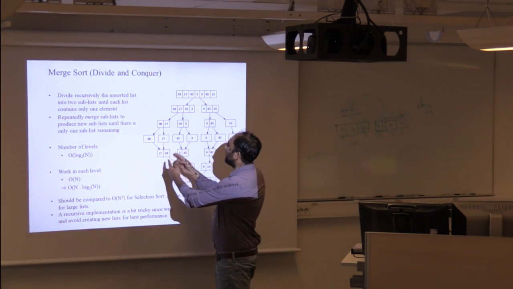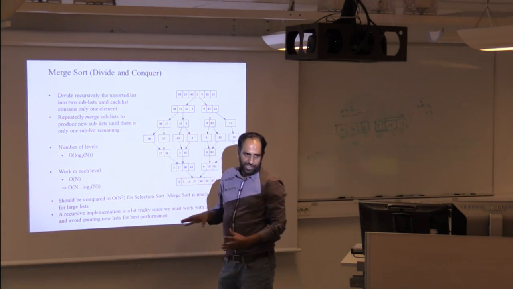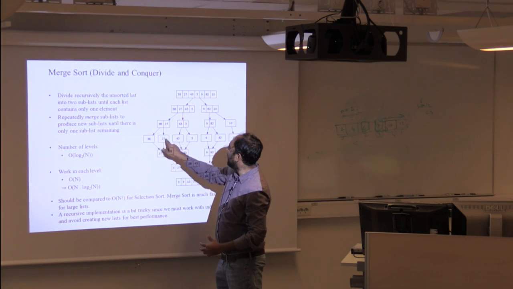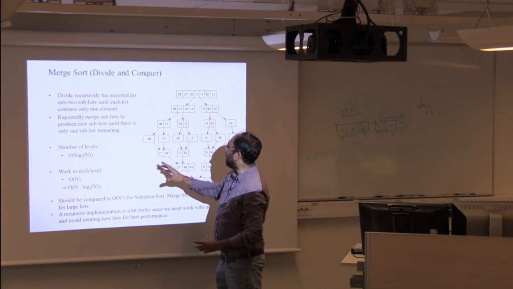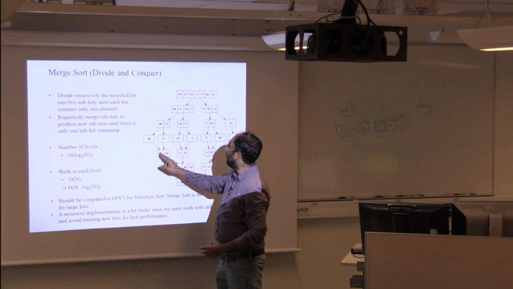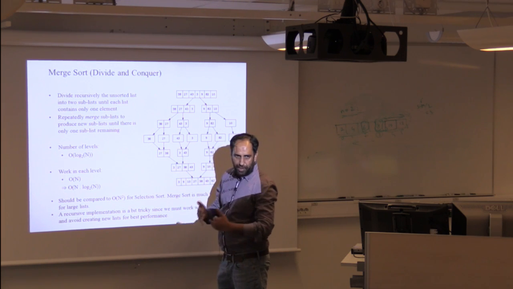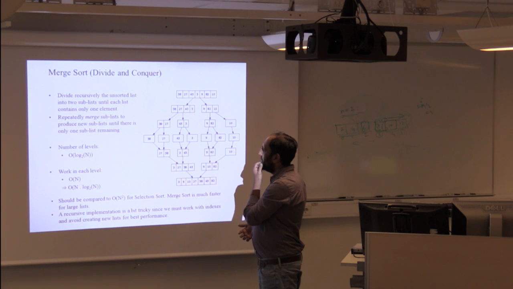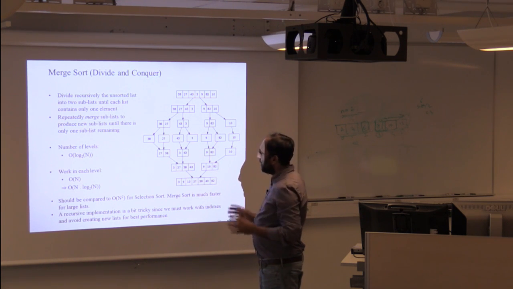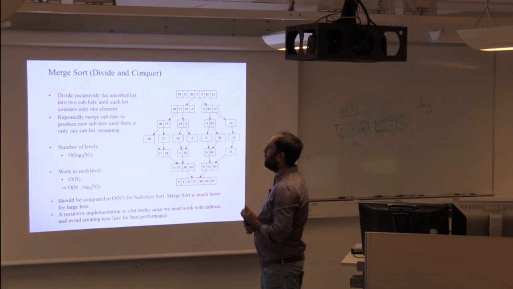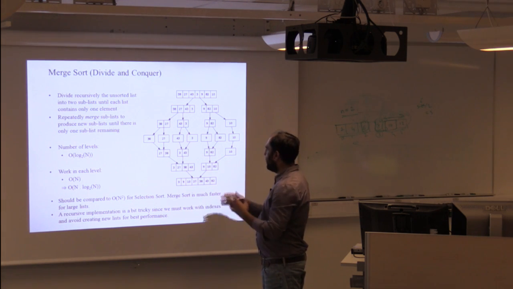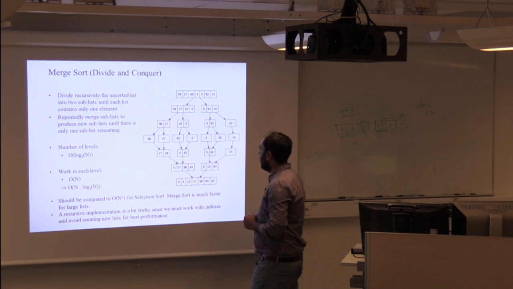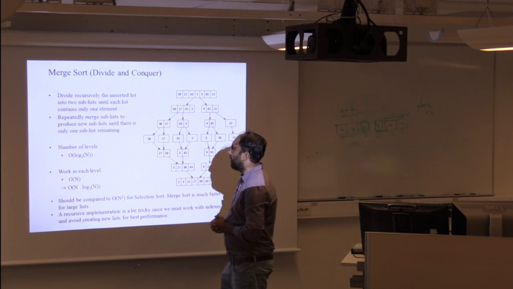While you are merging, you merge them in the right order. So we have divided them, and after dividing them, we combine them, and when we combine them, we put them in the right place. That's the merge sort. We recursively divide the unsorted list into two sublists until we get one element, and we then merge them until we get the whole list.